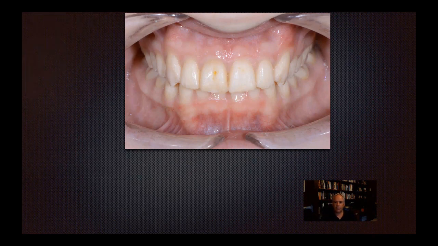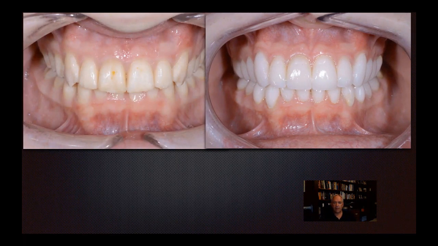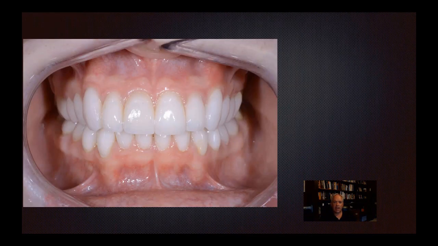So I'm showing you some contemporary dentistry, but what I want you to appreciate is that the principles of occlusion are the same. Notice that his bite is a little more open. We increased his vertical dimension about 2 millimeters to gain that necessary space.